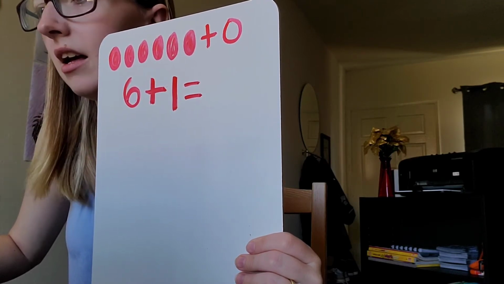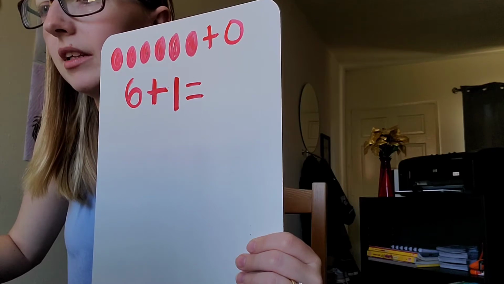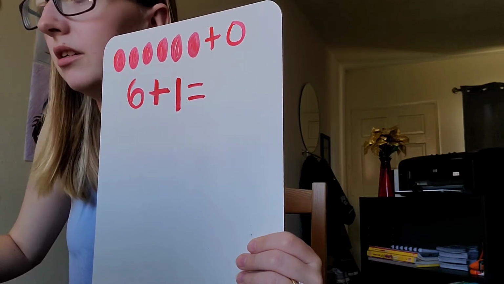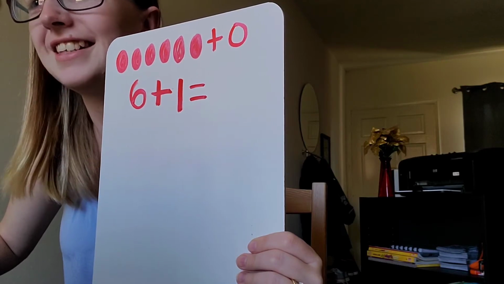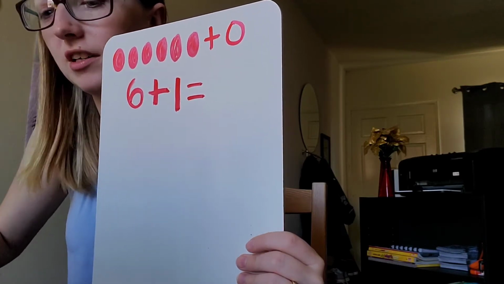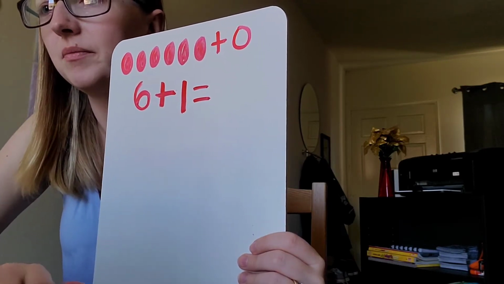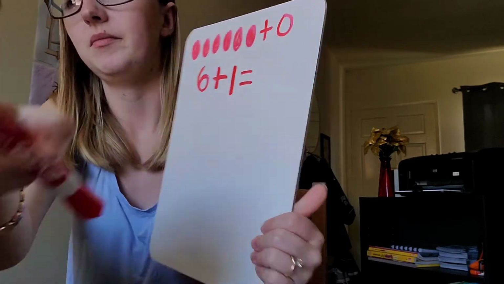Let's do JJ. What's 6 plus 1? 7. Give me a thumbs up if you also got 7. Awesome. Okay.